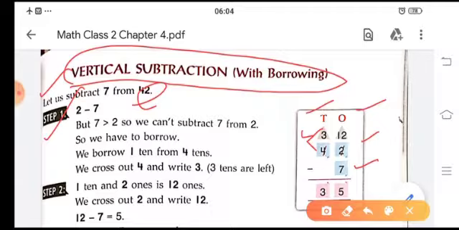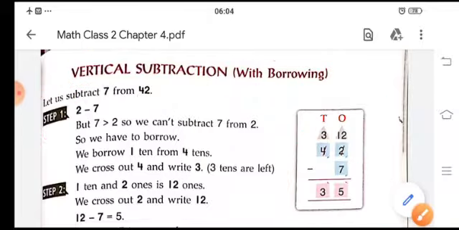When we borrow 1 from 4, it becomes 12. So we cut 2 and we minus 7 from 12. We'll get 5 over here. So how much is left over here? 3 tens are left. So we cross this 4 and we get 3, and no number is written over here, so 3 tens are there. So we get 35 when we minus 7 from 42.